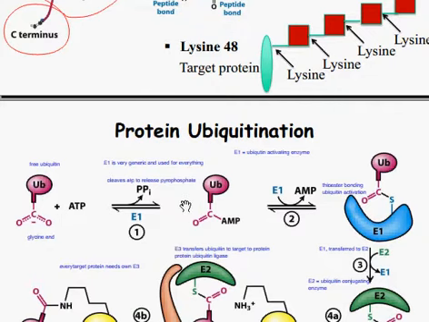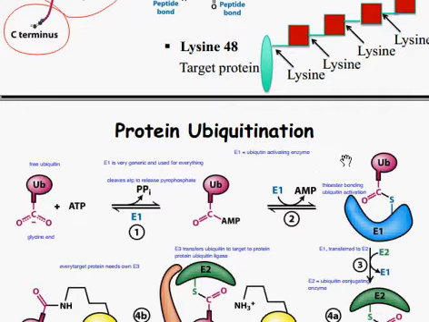It's very generic, used for all sorts of protein ubiquitination, and it cleaves the ATP to release the pyrophosphate, creating ubiquitin with the AMP. E1 is a ubiquitin-activating enzyme. Then the AMP is taken off.